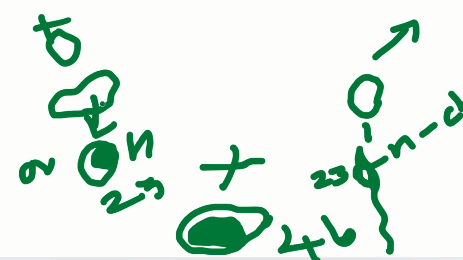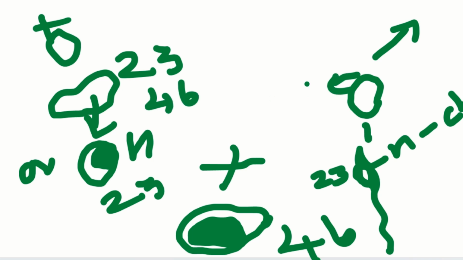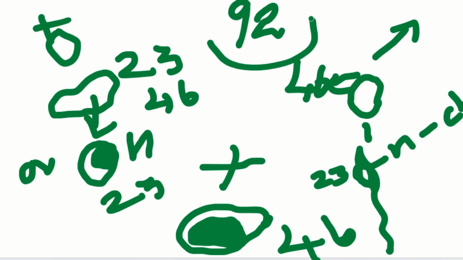Otherwise, if there is no reduction division, just imagine this contains 23 pairs, that is 46 chromosomes, and if this also contains another 46 chromosomes, so total how many chromosomes are there? 92 chromosomes, right? So with 92 chromosomes, it is not a human being. A human being consists of only 46. If it is 46 only, then it is a human being. If it is 92, it is not a human being, it will be some other organism.